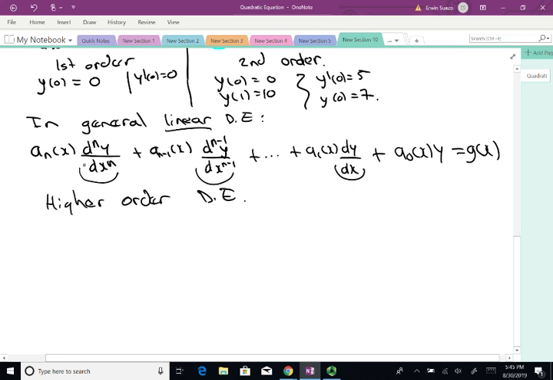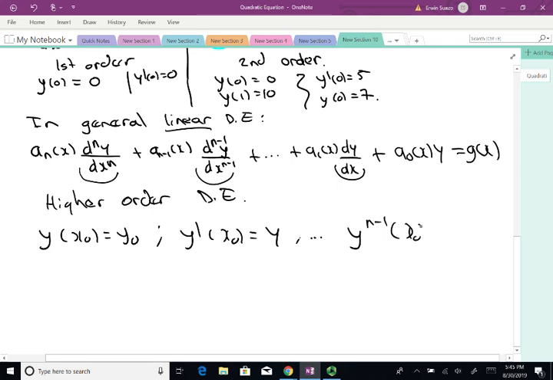Okay, so this is higher order. Since I have n derivatives, how many conditions am I gonna need? I'm gonna need n conditions. So you could say y of x0 equals y0, then y prime of x0 equals y1, and then the (n-1)-th derivative of y at x0 equals y_{n-1}, right?